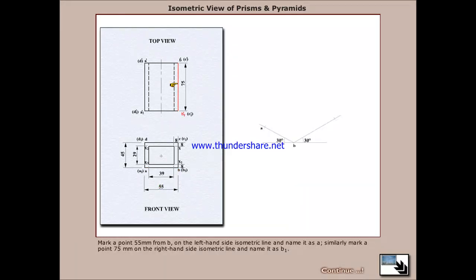Mark a point 55 mm from B on the left hand side isometric line and name it as A. Similarly, mark a point 75 mm on the right hand side isometric line and name it as B1.